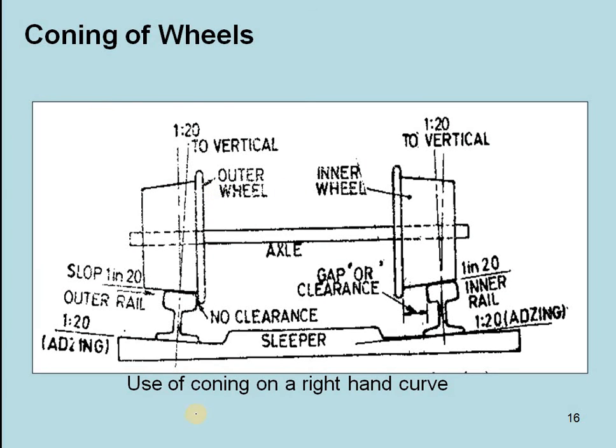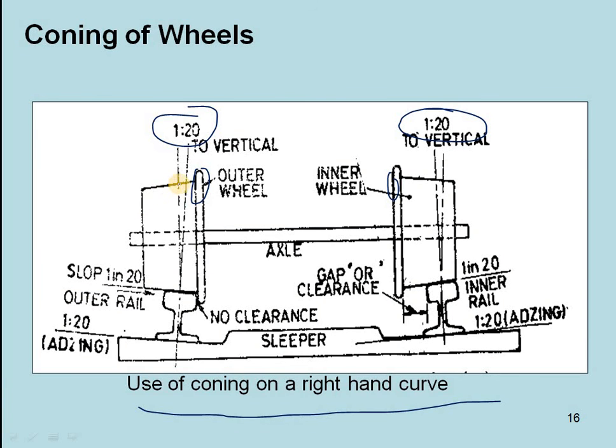You can see in the diagram the use of coning on a right hand curve, with a slope of 1 in 20 to the vertical. This is the outer wheel and this is the inner wheel. This is the coning portion, located on the flat footed rail at 1 in 20.